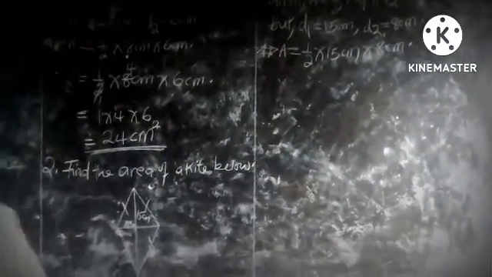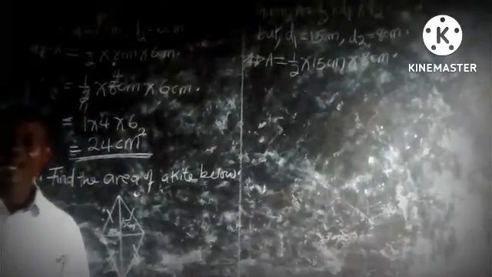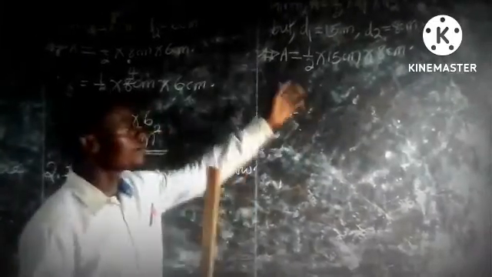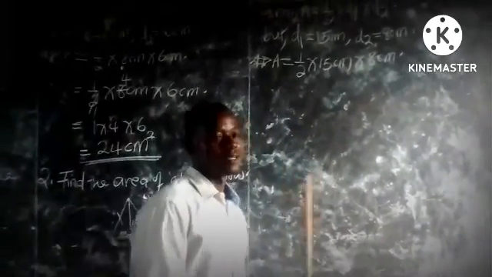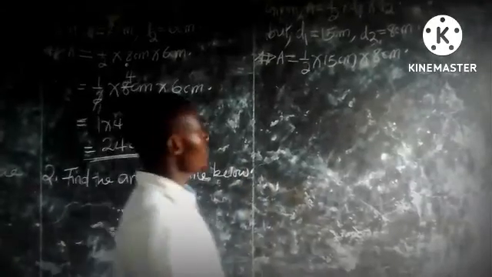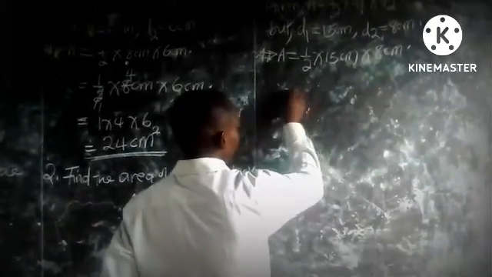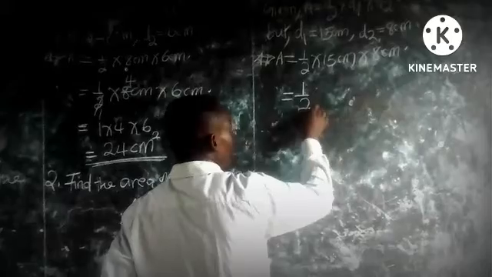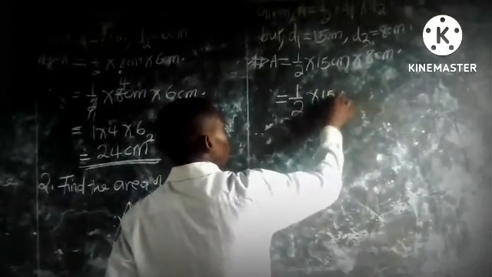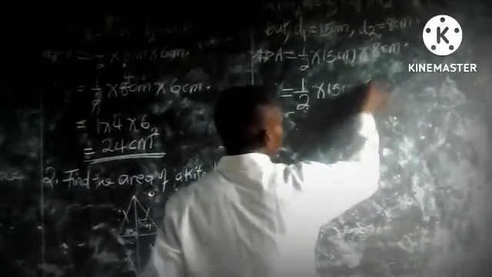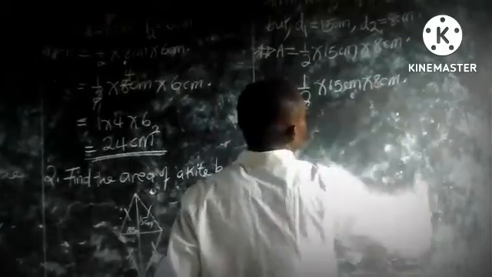You have substituted. I said, when you have substituted, don't rush to cancel or divide. You rewrite again. Check that when you fail maybe in division, at least they give you a bonus mark on the method. So here you rewrite and you say area equals half times 15 centimeters times 8 centimeters.